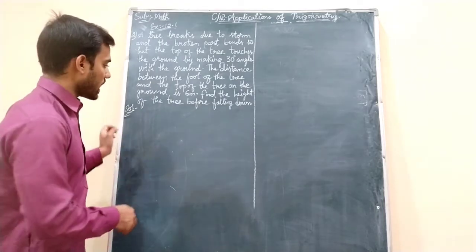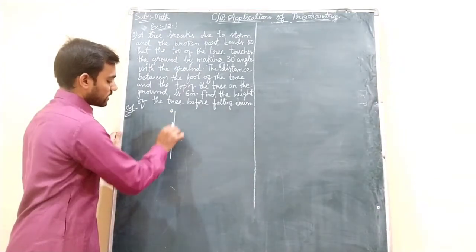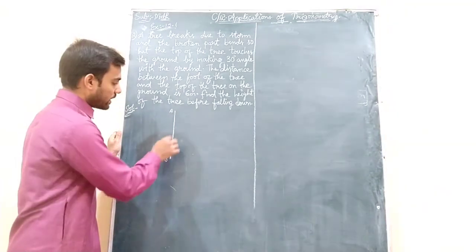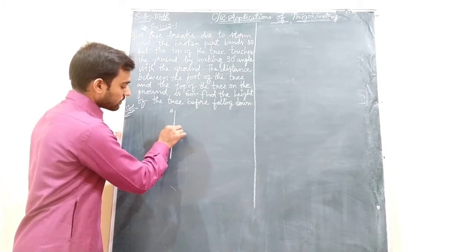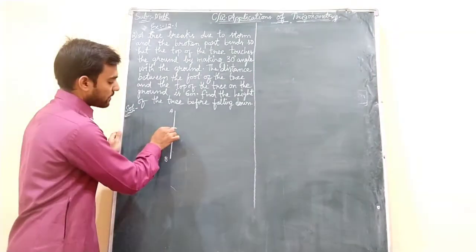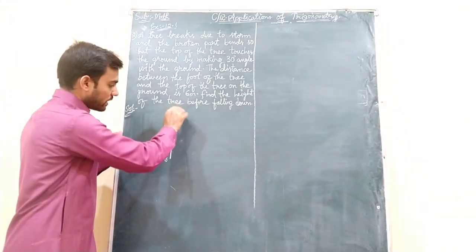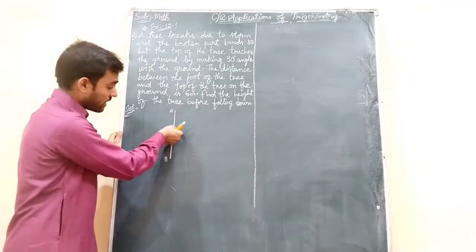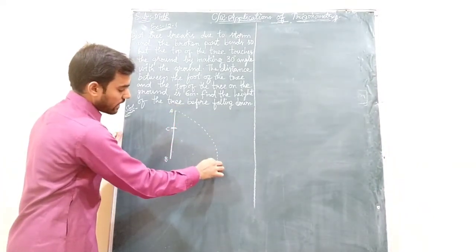Okay. So let us see how it is. Firstly, I will consider this was the tree standing. Okay, students. And suppose because of storm, it has been broken down from here. Let us take that point as C. And after bending, it started bending from here, and it falls down like this.